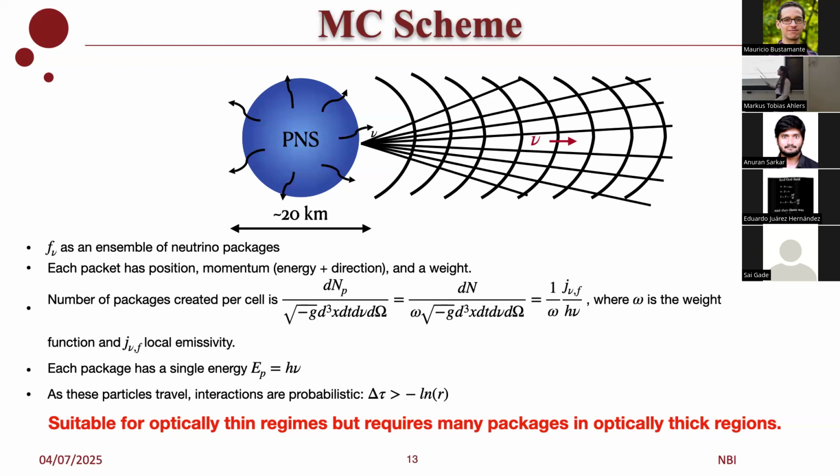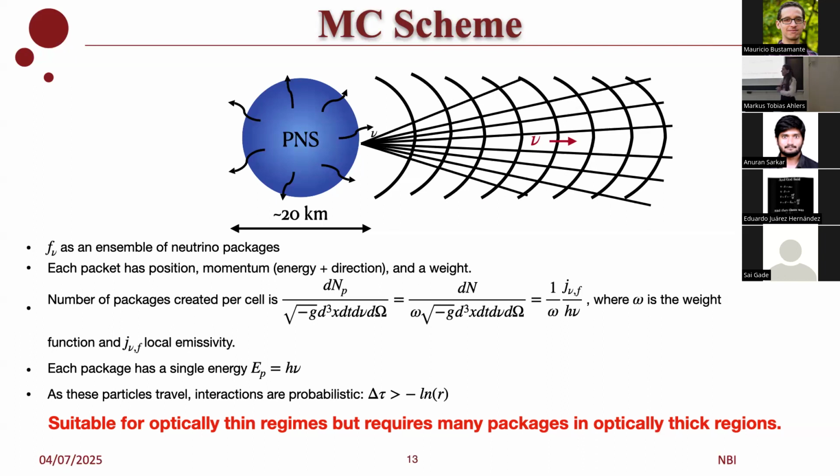However, as we try to model the protoneutron star, or somewhere closer to the protoneutron star in optically thick regions, the mean free path is very small, and a lot of interactions happen. And in order to reduce the noise and have any sensible or accurate result, we will need to increase the number of Monte Carlo particles drastically.